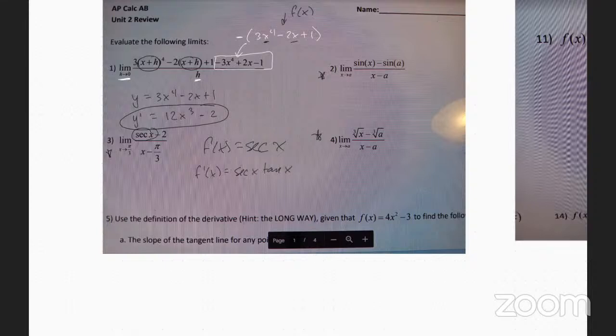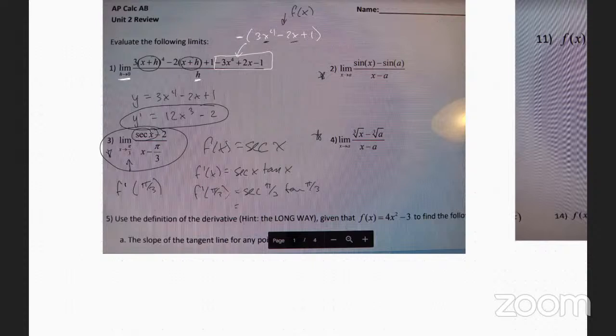So then what would this limit be? That's asking for the derivative at pi over 3. So now I'm plugging in pi over 3 into here. What's the secant of pi over 3? The secant of pi over 3 is 2. And what's the tangent of pi over 3?